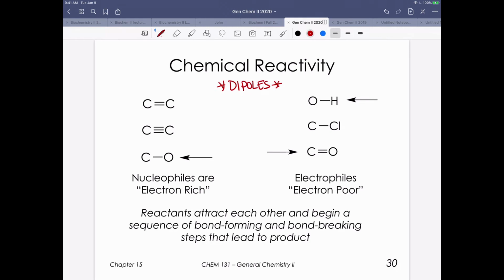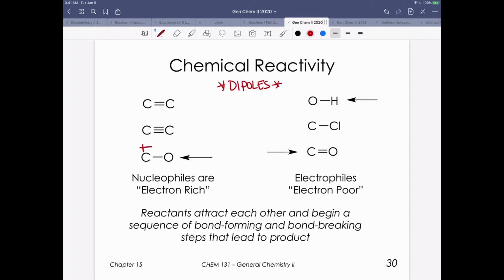We talked about it again when we talked about solubility and polarity and things like that. So what we need to be able to do is draw dipoles on molecules. Remember, any bonds between atoms that are not carbon and carbon or carbon and hydrogen are going to have dipoles. So when we have heteroatoms, that means we have molecules with dipoles.